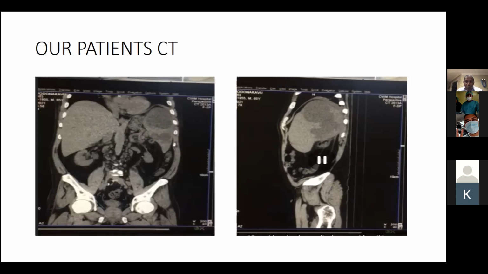Principles should only be 5. So one is adequate incision, two is adequate exposure, meaning visualizing the spleen. You put your hand onto the spleen and feel it, or if your incision is big enough, you should be able to see the spleen.